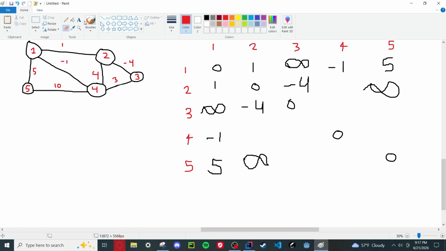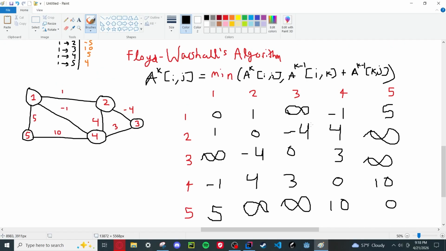Sorry. 3 to 4 is 3. 3 to 5 is infinity. 4 to 5 is 10. So this is our adjacency matrix.